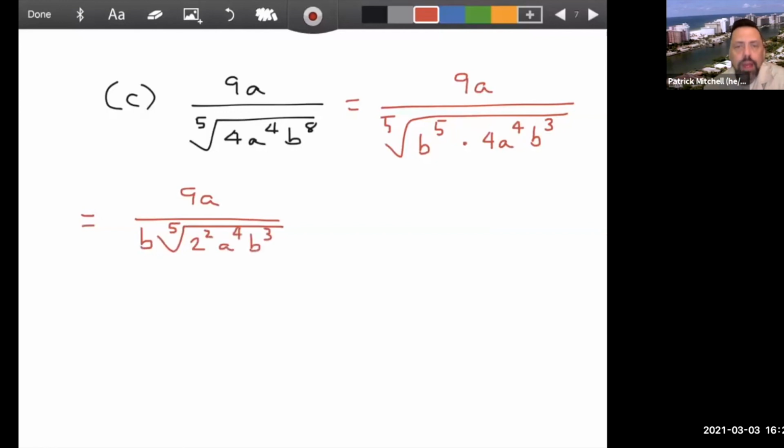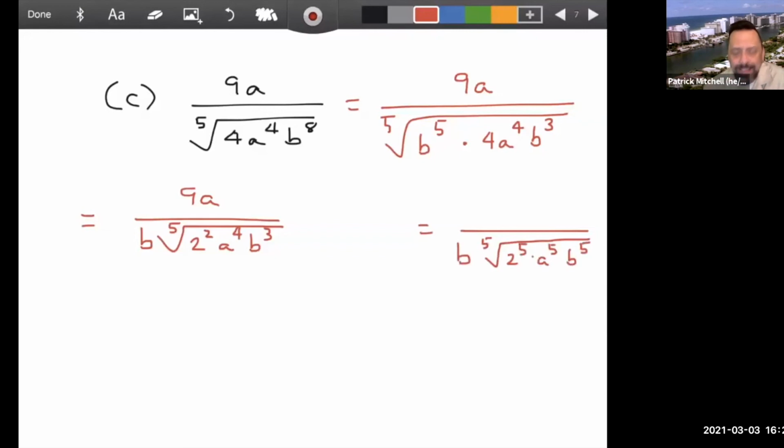Okay. All right, so what do we need over there in order to rationalize this denominator? We need everything under the fifth root to be a power of 5. We need 2 to the fifth, we need a to the fifth, and we need b to the fifth. Okay, and let's remember that we have this b here outside.